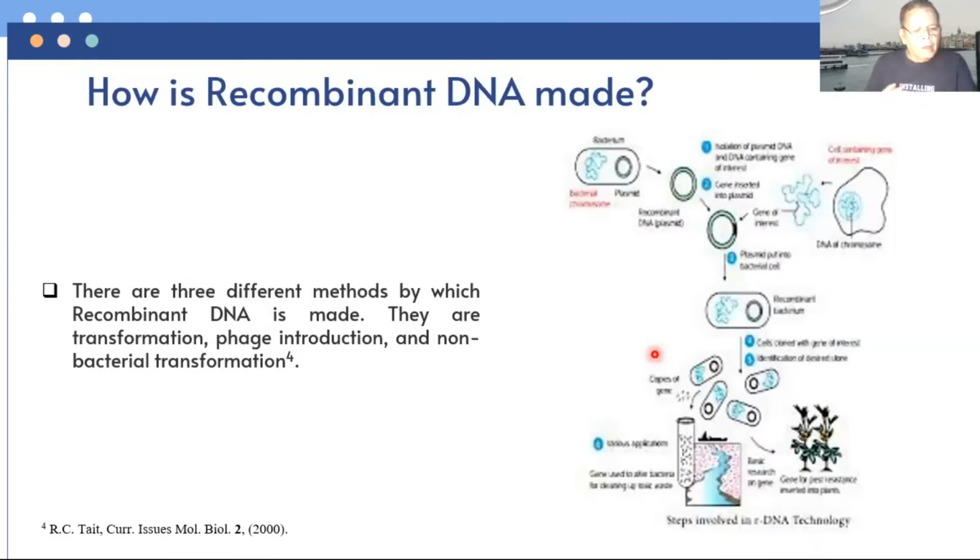There are three different methods by which a recombinant DNA is made, such as transformation. The first step in transformation is to select a piece of DNA to be inserted into a vector.